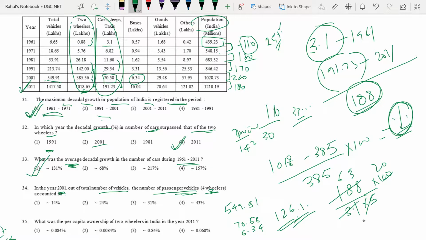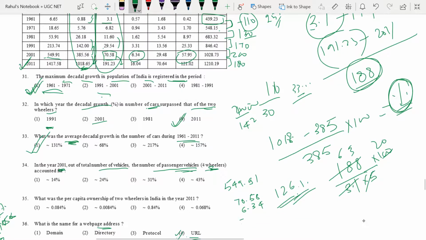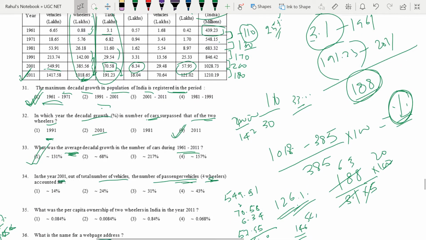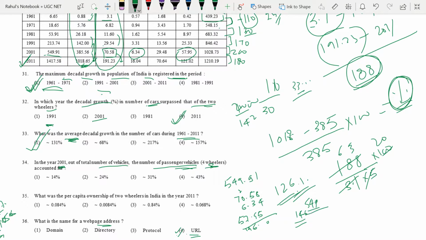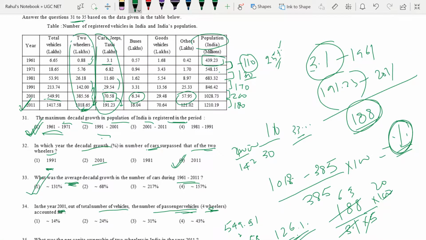Okay, others 57.95, so let us make it as a figure now. I am doing it approximately 146. Okay, 146, 549. Okay, they are not vehicle.